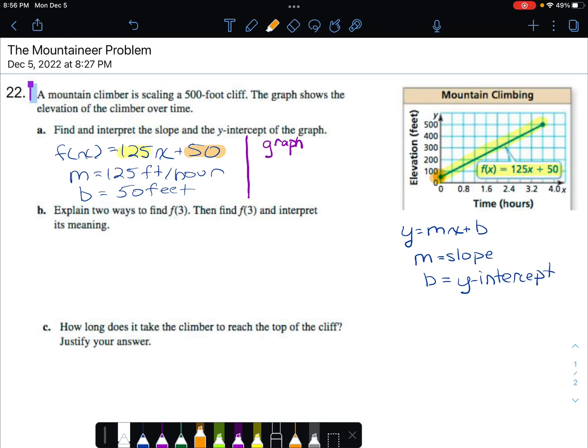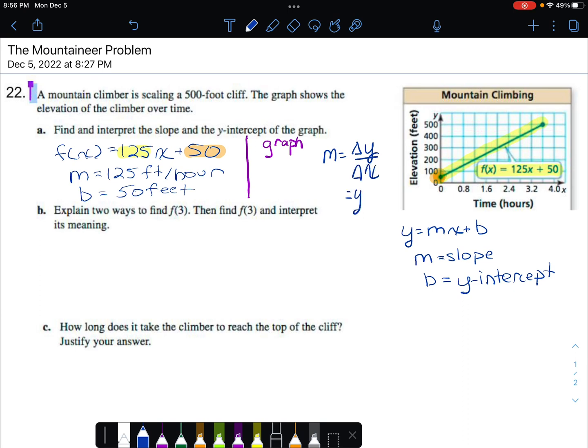And the slope, that gets even harder to look at from the graph because of the way that the lines fall. So, for example, if I need to get the slope, remember, slope is m is equal to the change in y over the change in x.